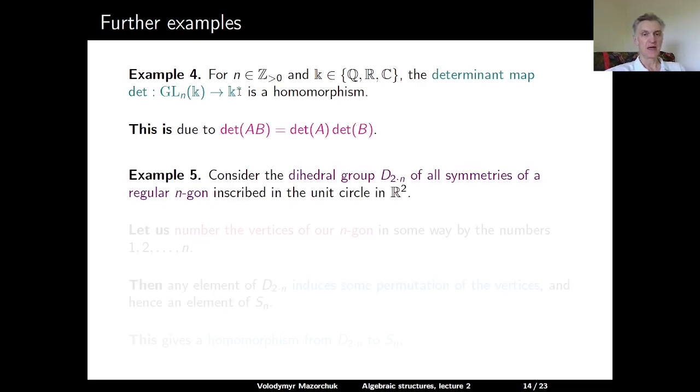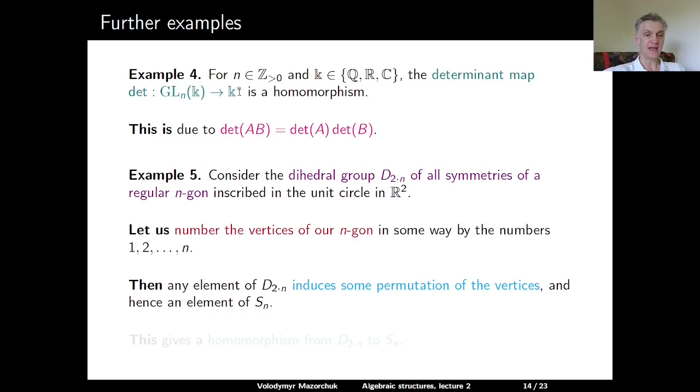Example 5 considers the dihedral group D_2n of all symmetries of a regular n-gon inscribed in the unit circle in R^2. Let us number the vertices of our n-gon in some way by the numbers 1, 2, 3, and so on up to n.